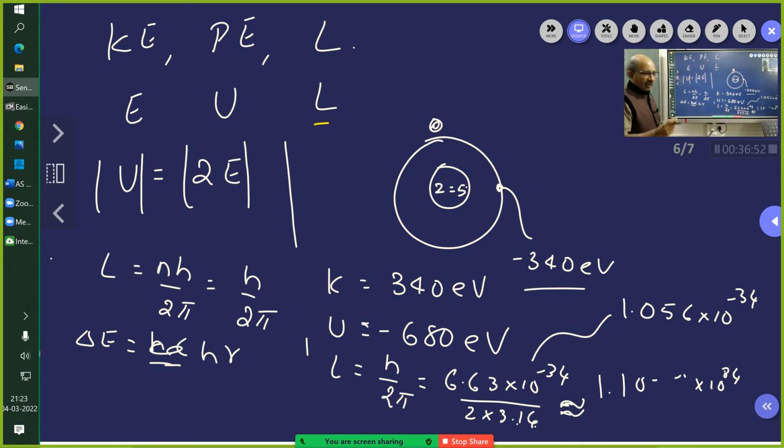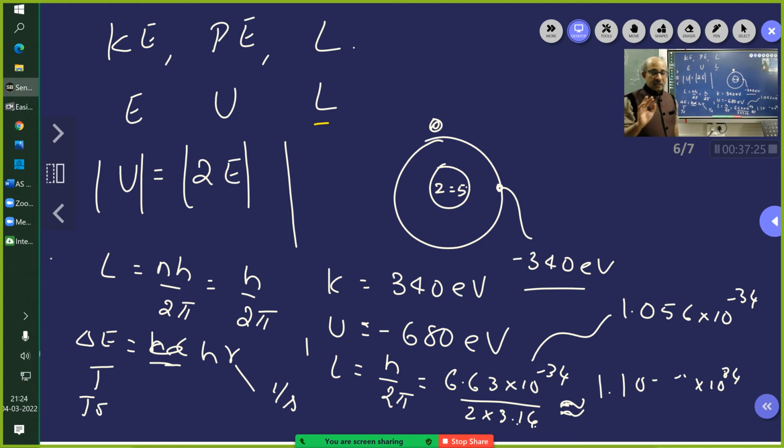The unit of frequency is per second, isn't it? And on this side you have joule. Therefore the unit of h is going to be joule second. 2 pi is a constant, so the unit of angular momentum in this case has to be joule second. Did you get it?